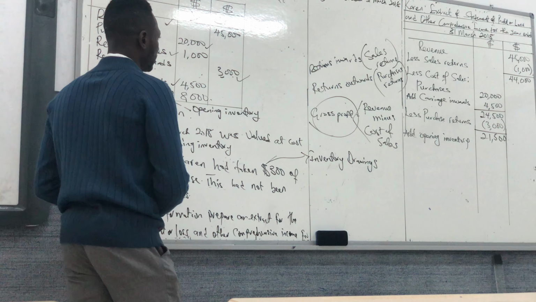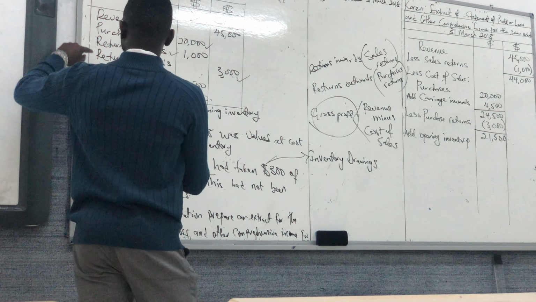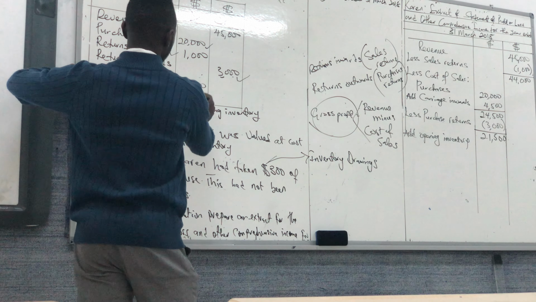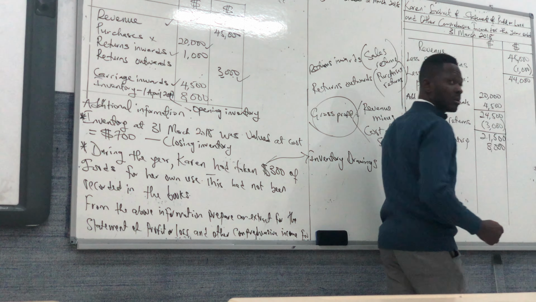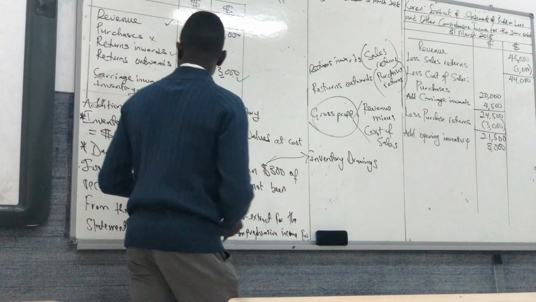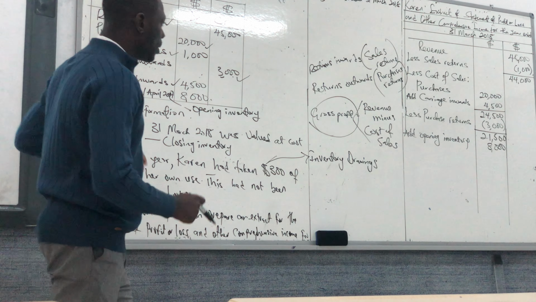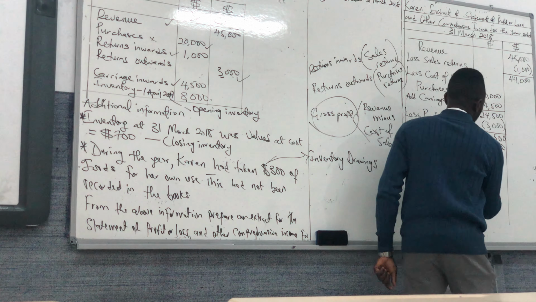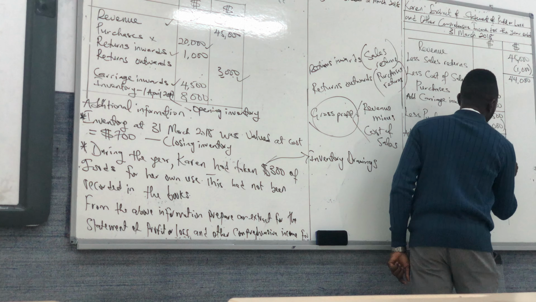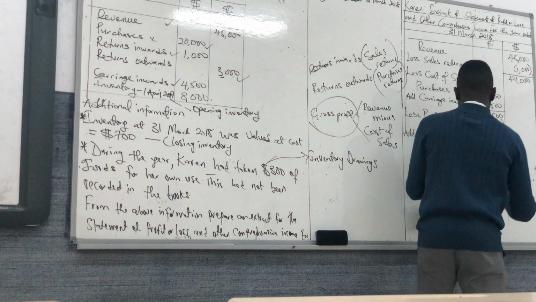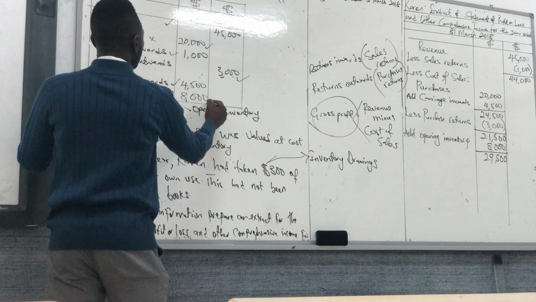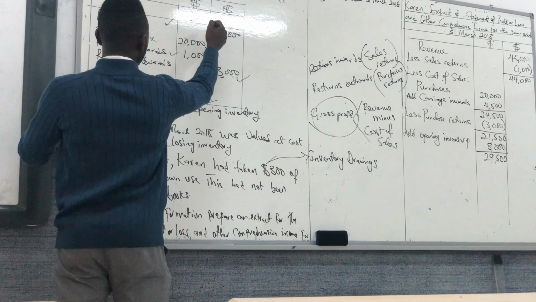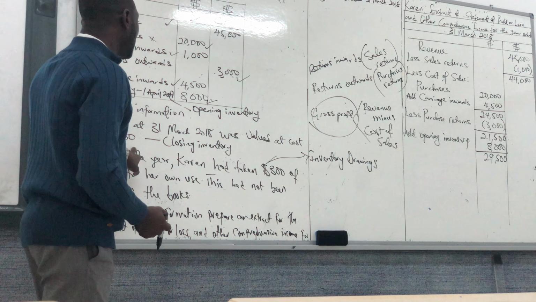Then the next one. Add opening inventory, 8,000. Then, what else do we have? We add them together, please. This gives 29,500. Let's take note of what we've done. We are done with these two. So, we have our closing inventory.